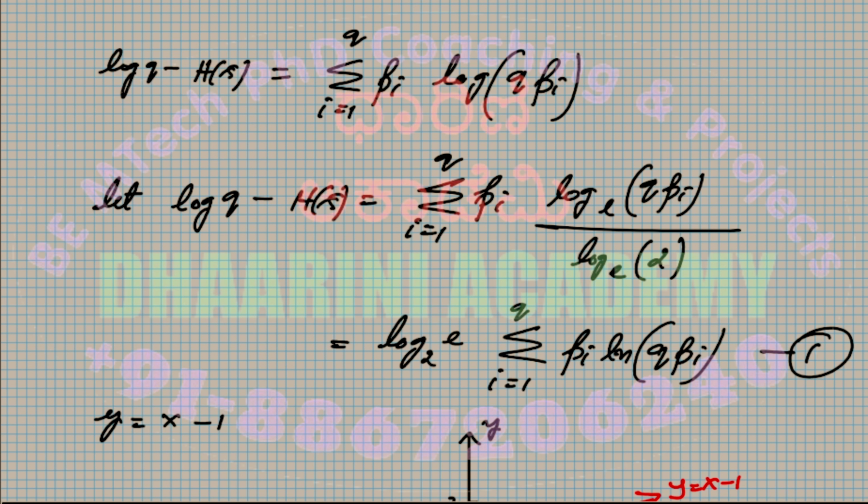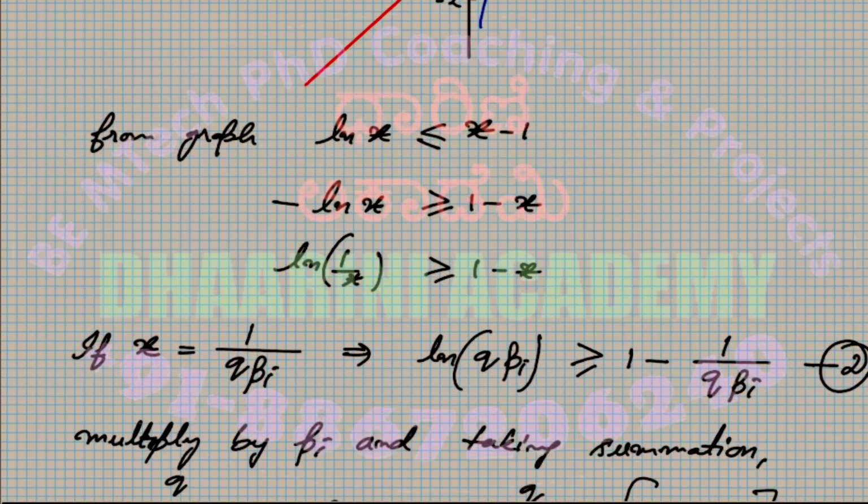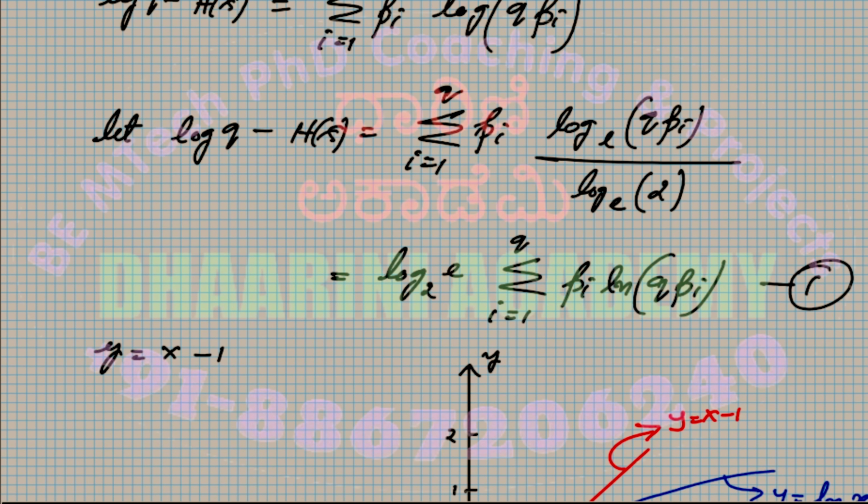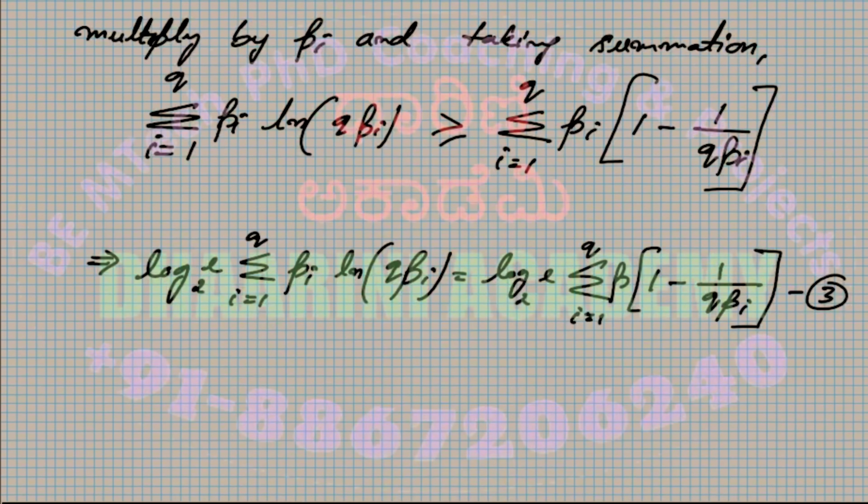So I'll try to write an equation. I'm trying to compare equation number 1 with equation number 3. You see the right hand side of equation number 1 is nothing but the left hand side of equation number 3. Correct? So when I do pi into 1 minus 1 divided by q minus pi, at least that should be greater than 0.